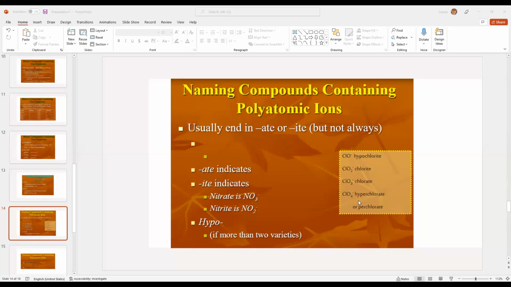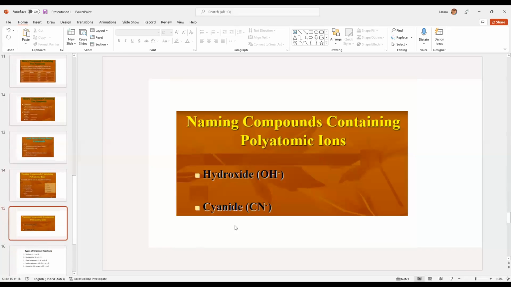Sometimes it's also known as perchlorate. In the case of polyatomic ions that contain this anion, the name of this is hydroxide, and in the case of CN it is cyanide.